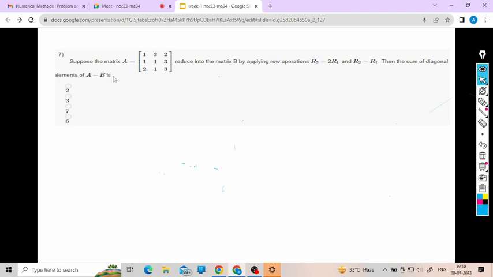After you get your pivot matrix, you have to do the back substitution, right? Solve it and let me know the answer.